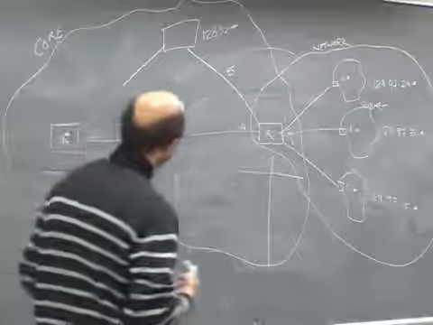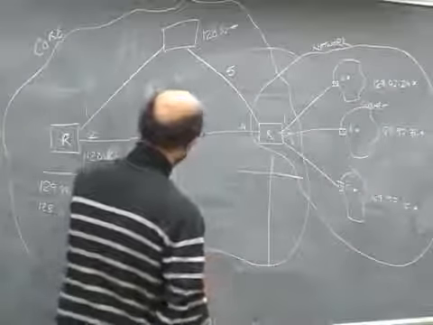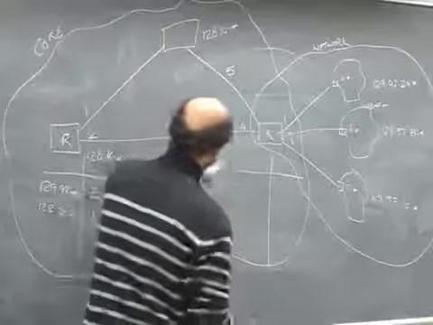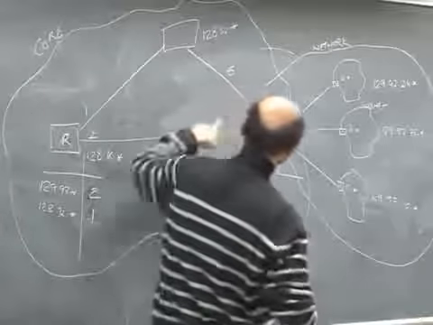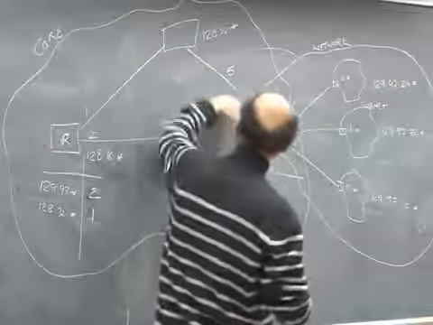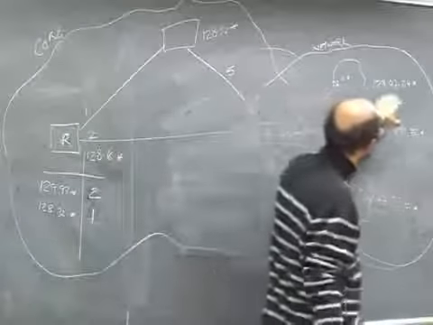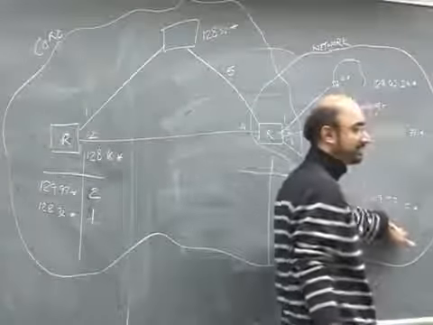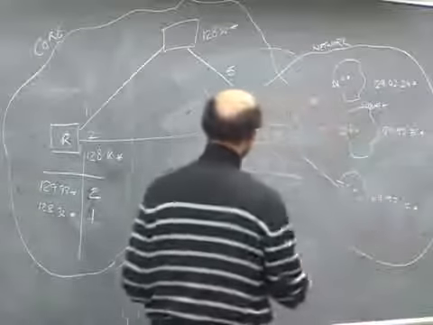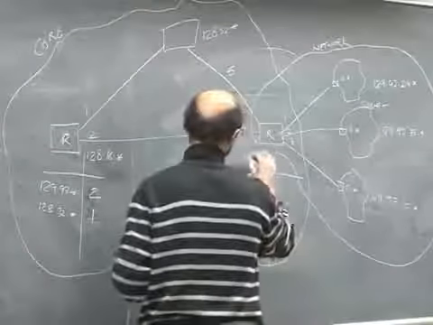Now, what we want is something like this. We want this router, when it gets a packet, to either send it over here, or to one of its subnets, which are these subnets, 129.97.24, 75, and 36. So the way we do it is like this. It's actually much simpler than you would think.